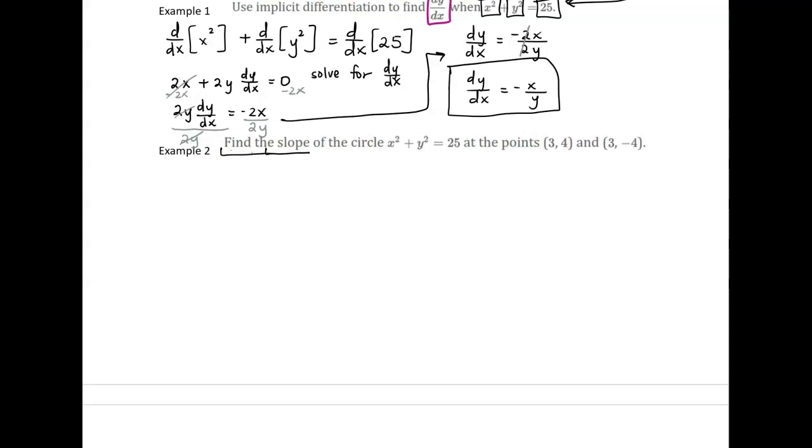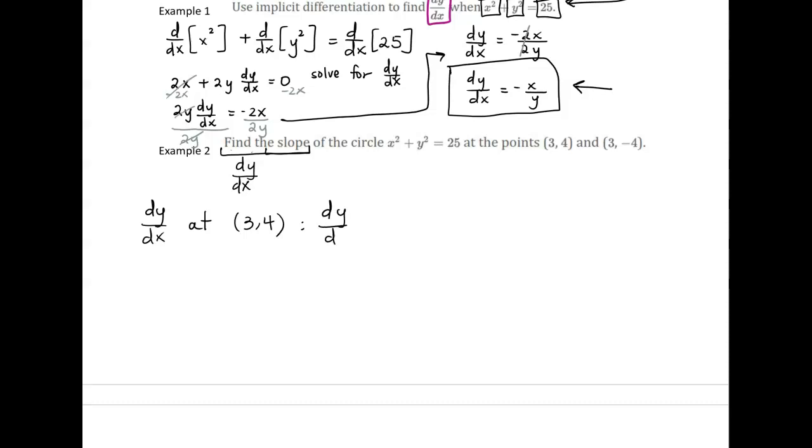So now in example 2, we want to find the slope of the circle. Find the slope, that means find dy/dx at the points (3, 4) and (3, negative 4). So dy/dx at the point (3, 4), well, x is equal to 3 and y is equal to 4, and we just found the expression for dy/dx.